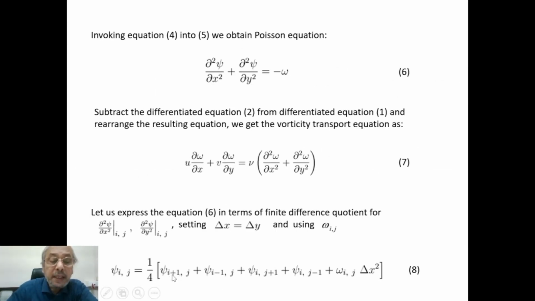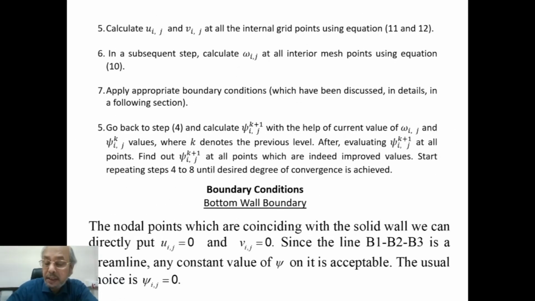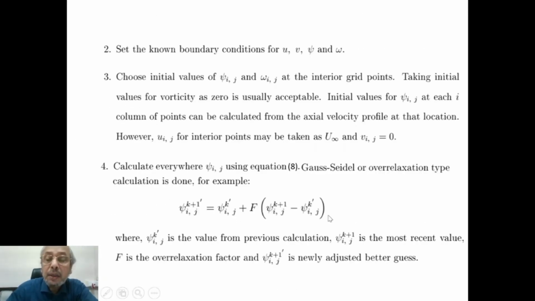So psi i+1 j, i-1 j, all points psi, we are calling the initial value as k prime, and then this value which we are determining from here, we are writing psi ij k plus 1. So exactly that. Psi ij k prime was the initial distribution, and psi ij k plus 1 we calculate from there.